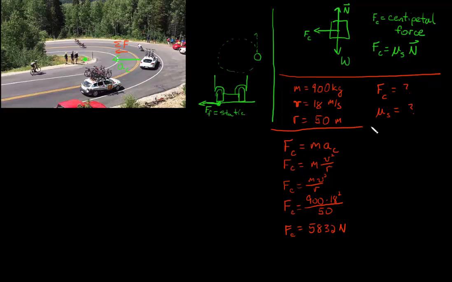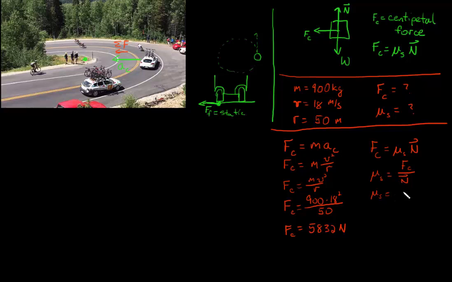But then we had another question. The other question was, what's the coefficient of static friction? Well, I know that my centripetal force is equal to my static friction, which is the coefficient times the normal. So if I divide, my coefficient of static friction is going to be the centripetal force divided by the normal.